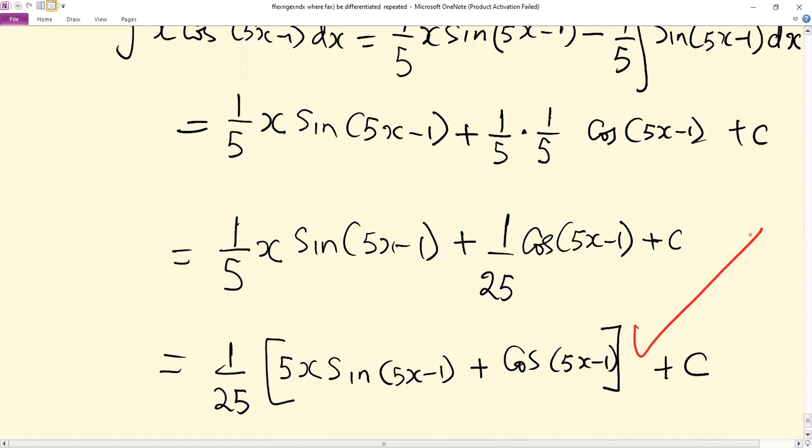So that's usually the way you have to go when you have an integration problem. Try as much as possible to transform the integrand into a form whose solution you can get without having some difficulties. Thank you.